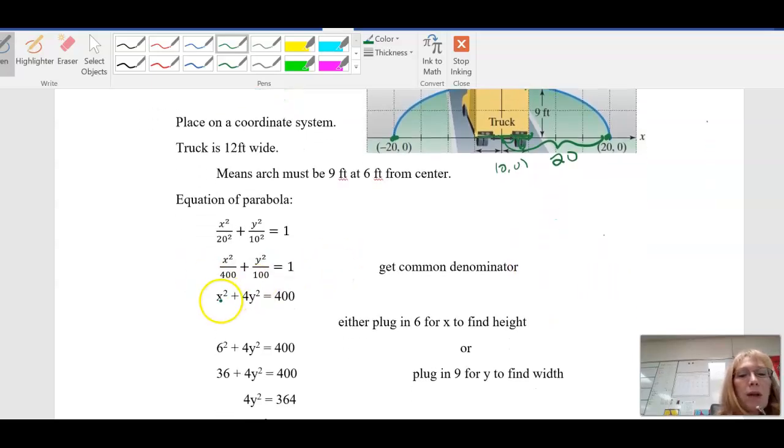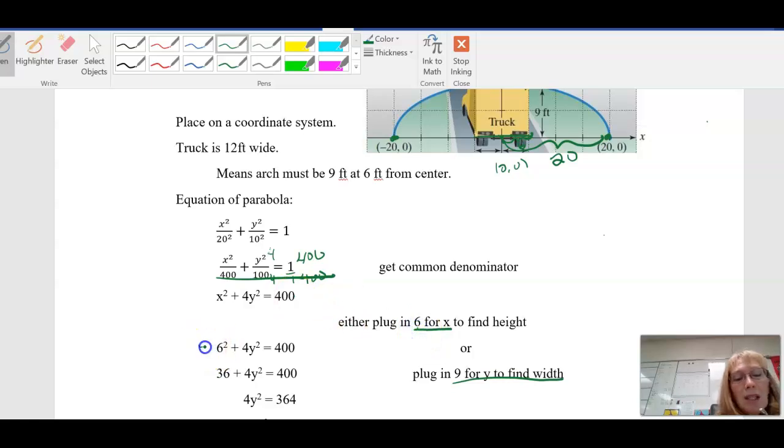Now, if I multiply this out, multiply everybody by 400, right? I need a common denominator. So this guy needs a 4, this guy needs 400, and then they disappear. I either plug in 6 for x to find the height, or I plug in 9 for y to find the width. I just chose 6.